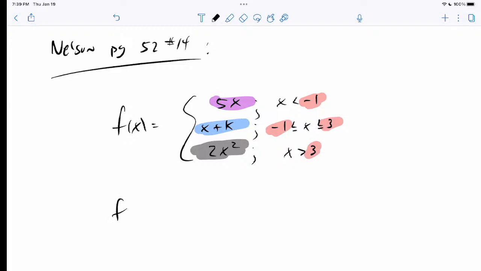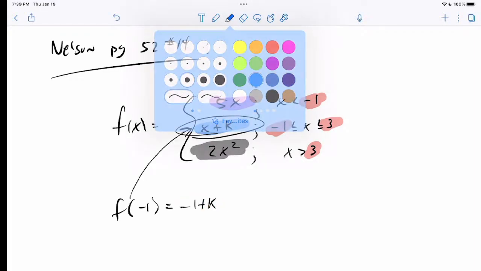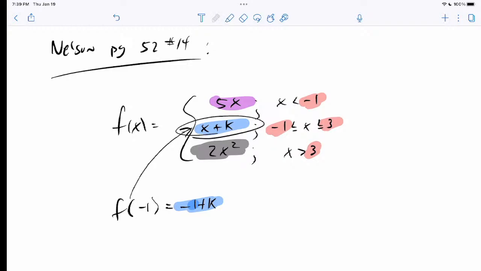Well, the function at -1 is going to be this one. The function at -1 is going to be -1 plus k. There's my function at -1. But as I approach -1 from the left-hand side, I can sub that -1 into the 5x, giving me -5.